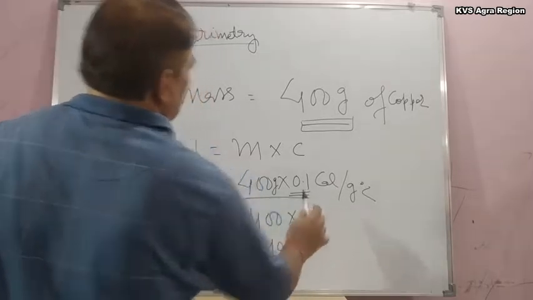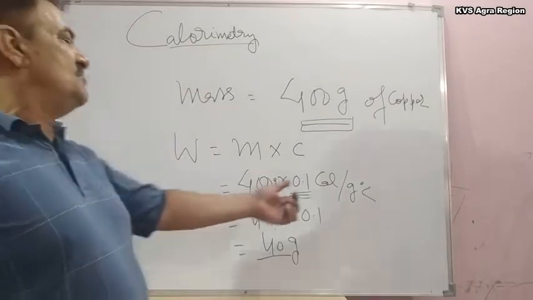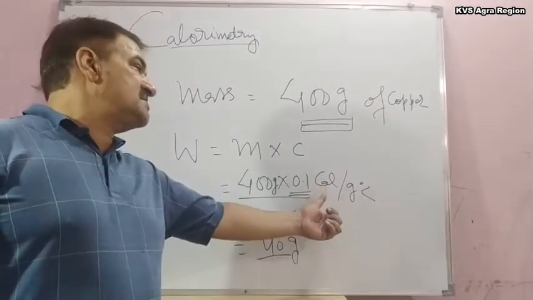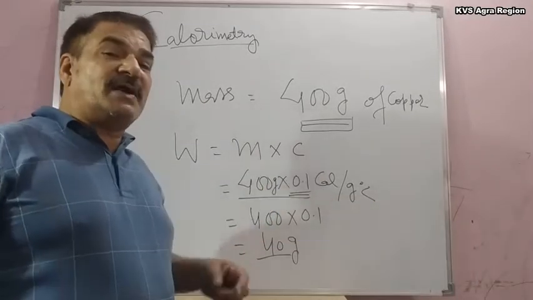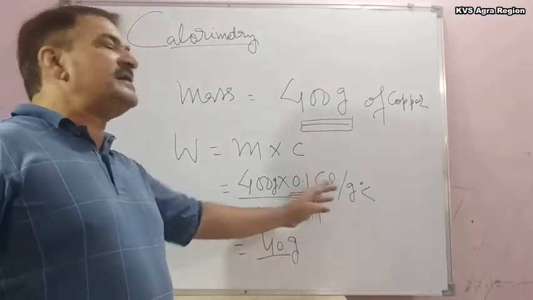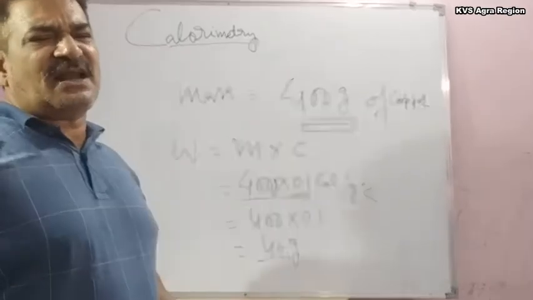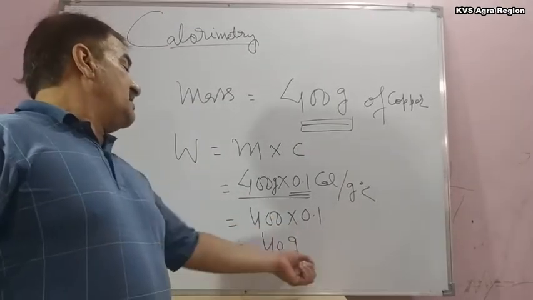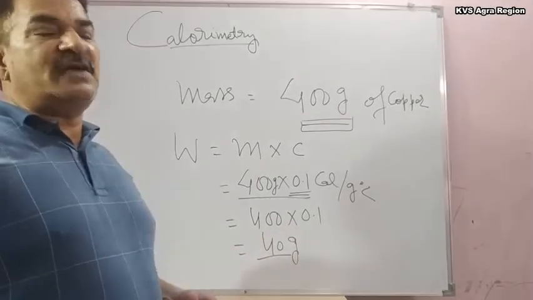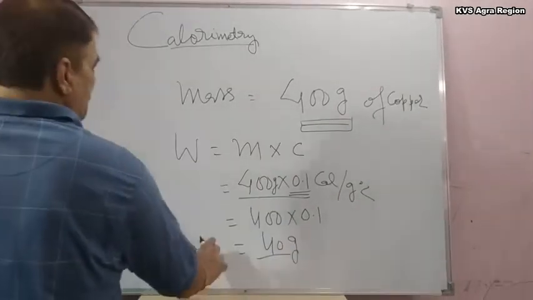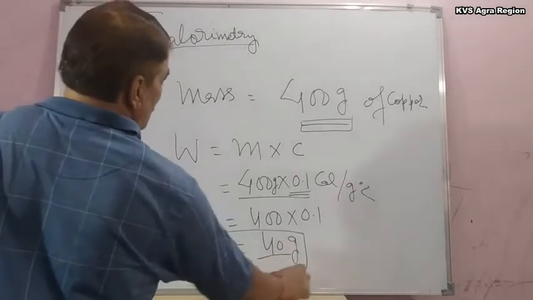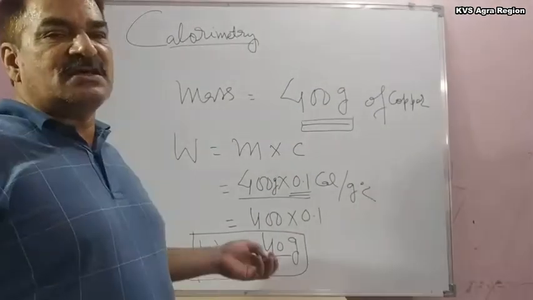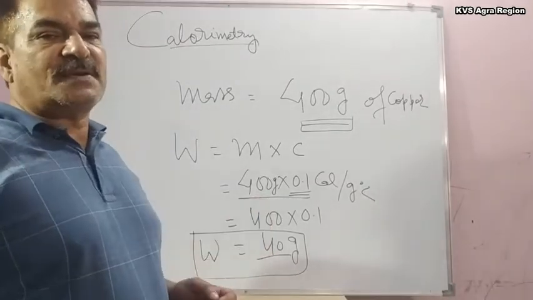We are just taking an approximate value; otherwise the specific heat in calories of copper is slightly lesser, it is 0.092 calories. So we have just rounded it off. So a copper container of mass 400 gram will behave as 40 gram of water. So the water equivalent of a 400 gram calorimeter is 40 gram.